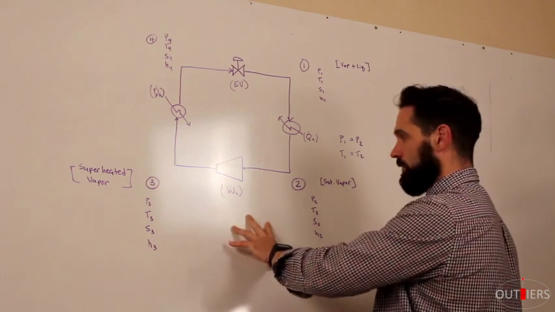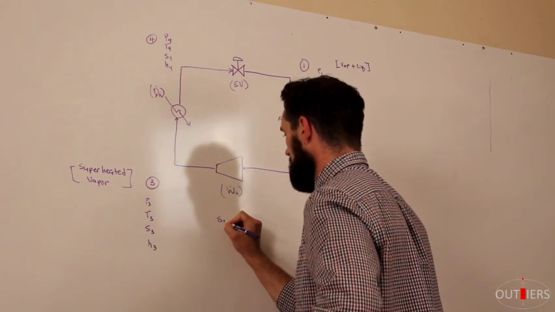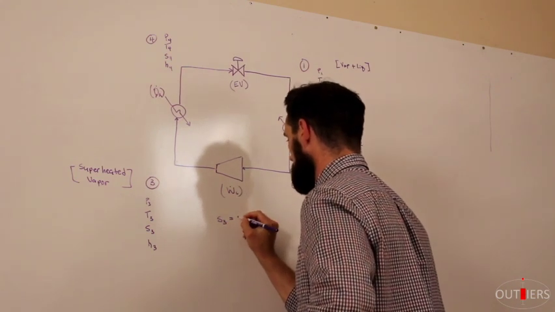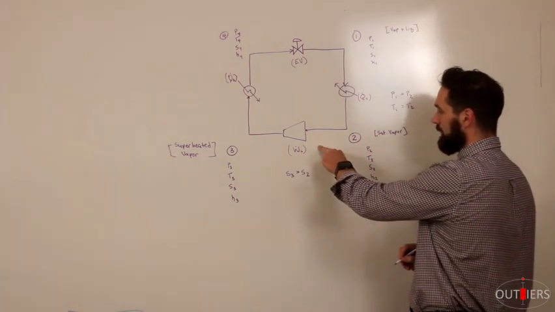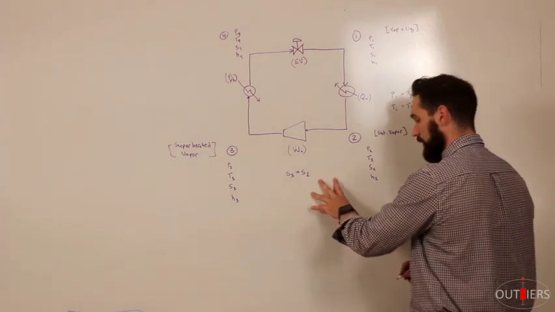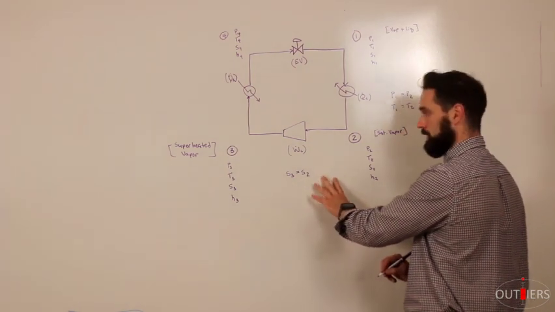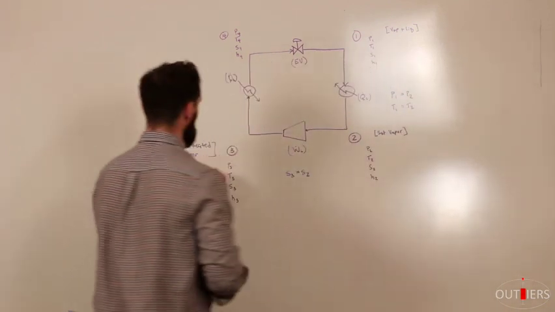It was reversible, i.e., the entropy at state 3 is going to be equal to the entropy at state 2. So the work that we're inputting is reversible work. Remember, from our assumptions, this is not going to be true in real life, but our model is trying to build the best case scenario.